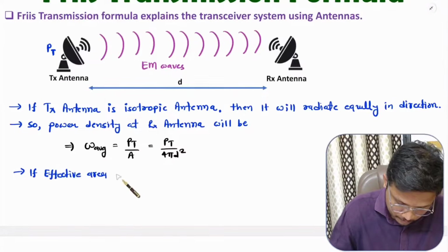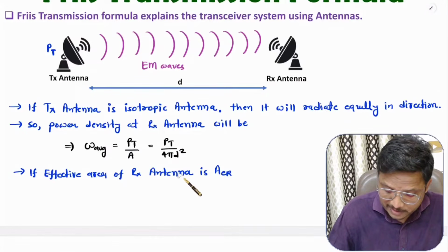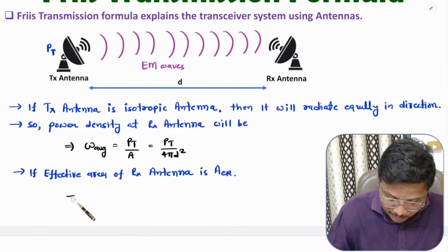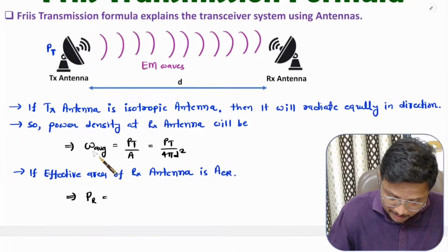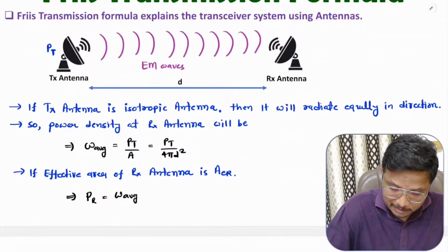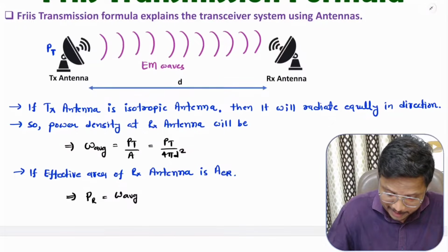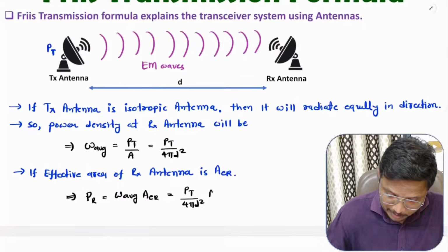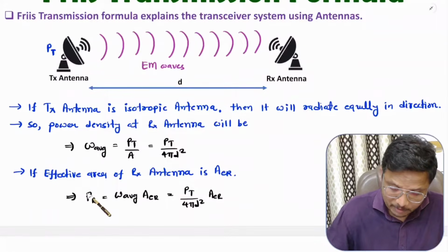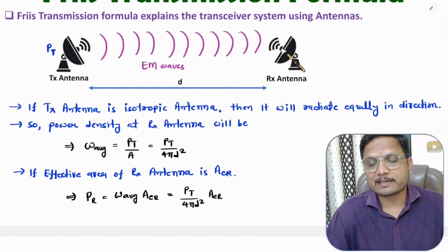So the received power PR will be the average power density PT divided by 4 pi d square, multiplied by the effective area AER. That is the received power at the receiving antenna side.